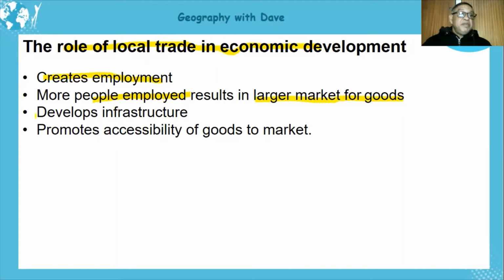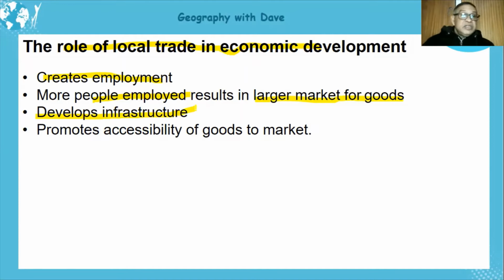It does develop infrastructure, because you're building wholesalers, smaller shops, chain stores. Therefore infrastructure has to be built, whether it's the building itself, additional power supply or power lines, more transport routes. So all that creates accessibility, which is a good thing.